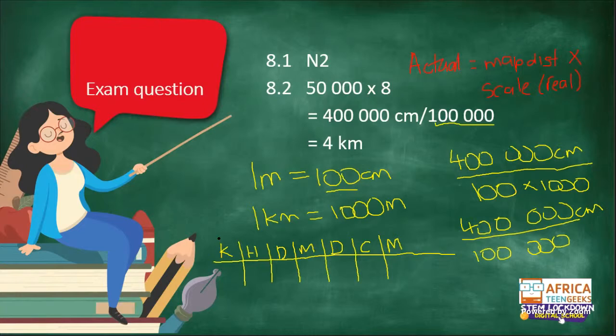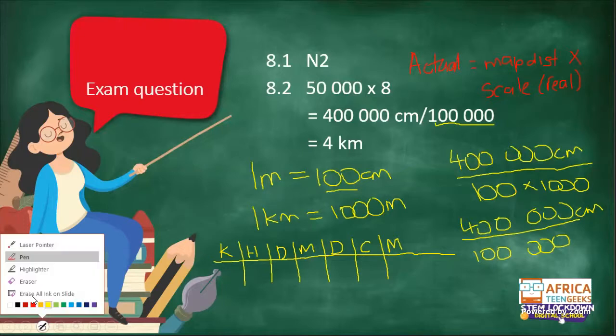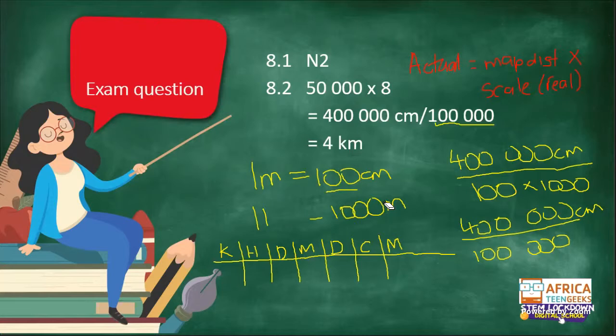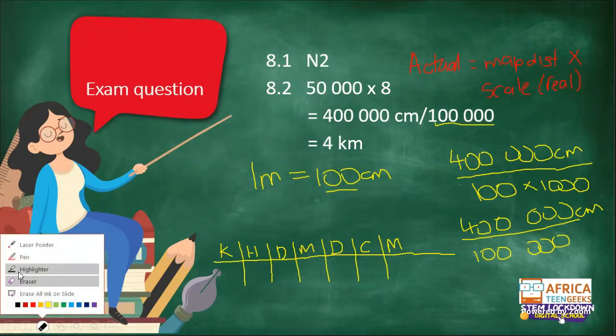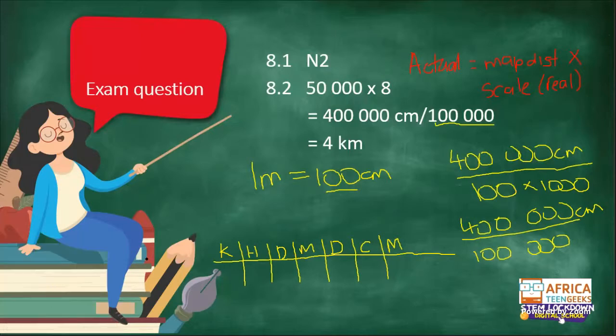So K is kilometers. Let me erase this part. So K is for kilometers. Just giving you guys some extra notes or info because today's lesson is short.